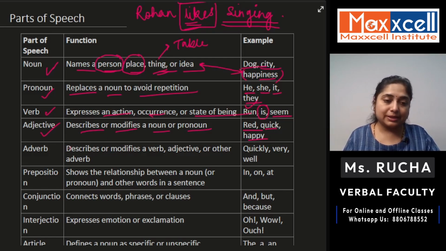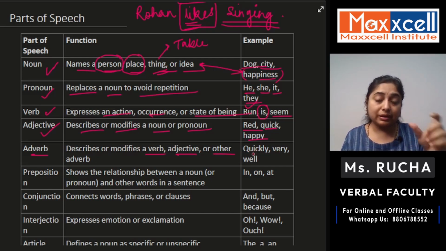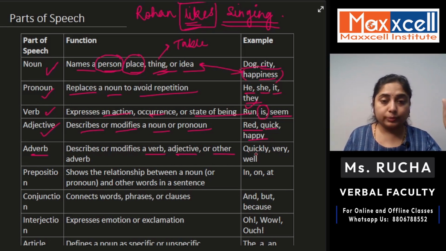What is an adverb? As I told you just now, adverb is something that modifies a verb, adjective or other adverb. If I say Rita knows how to run quickly, right? So run is the verb and quickly is modifying the word run here.